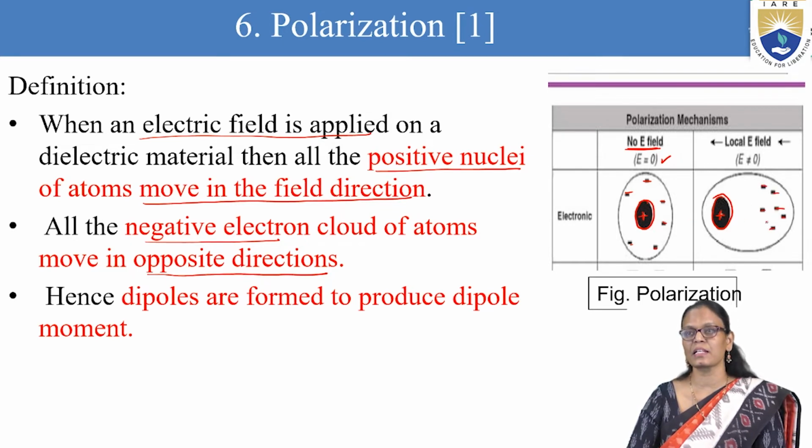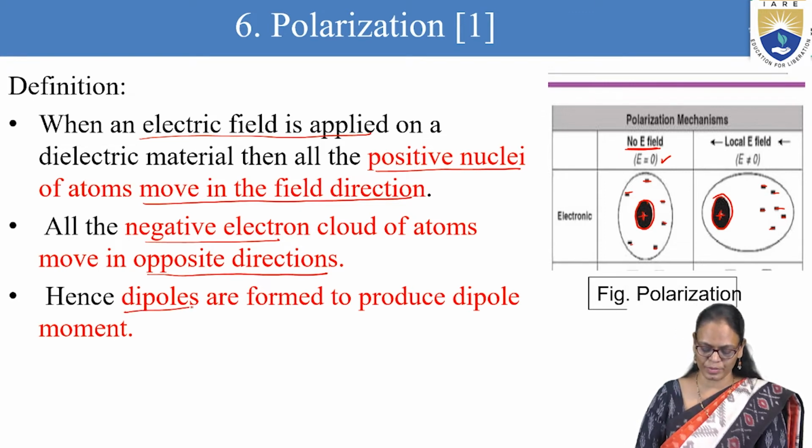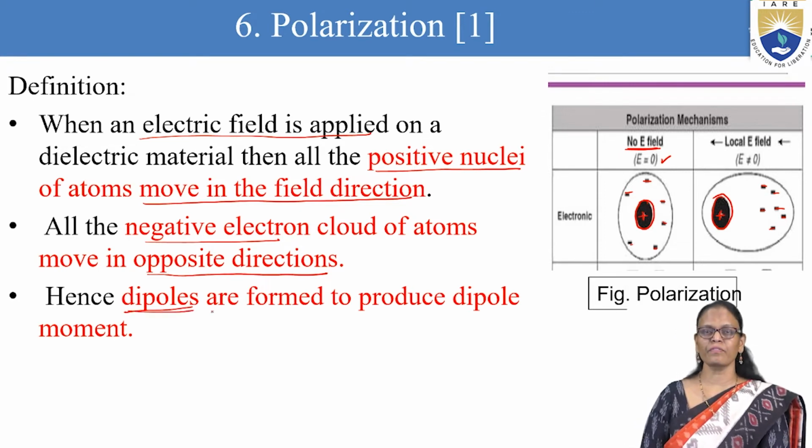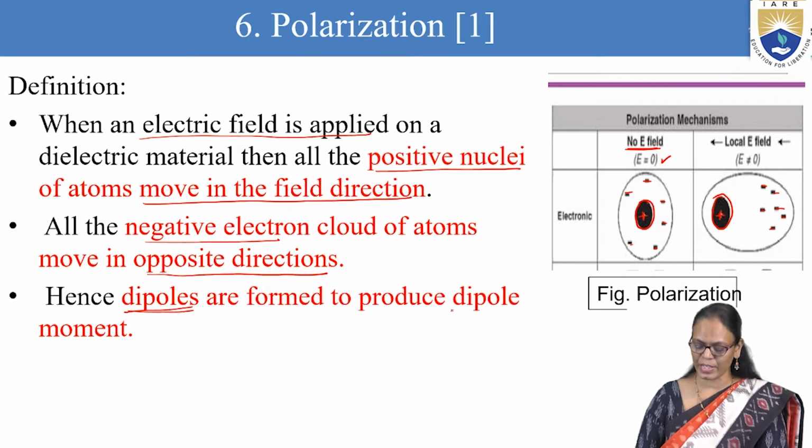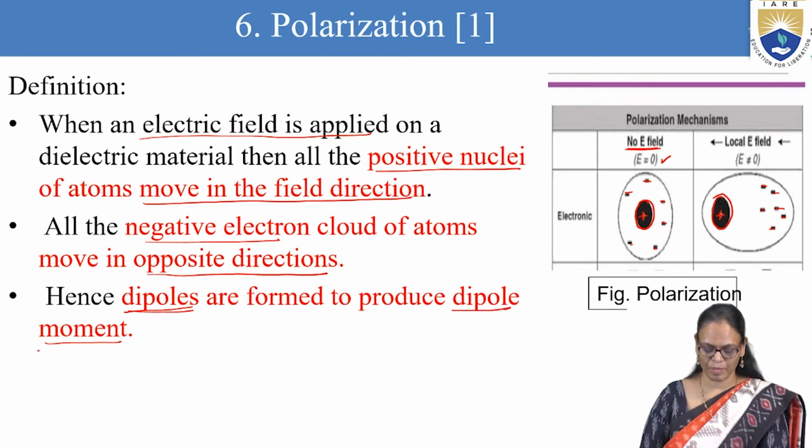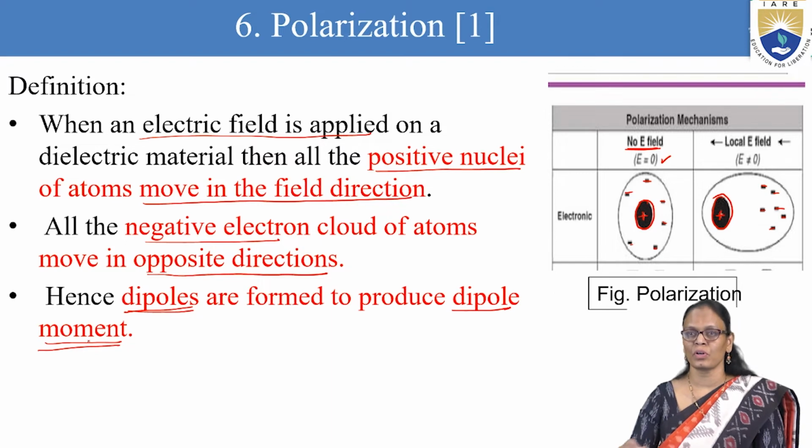So there is separation of charges, and because of this, dipoles are formed. Whenever we have dipoles, there is dipole moment. So because of polarization, dipoles are formed, which gives rise to dipole moment.